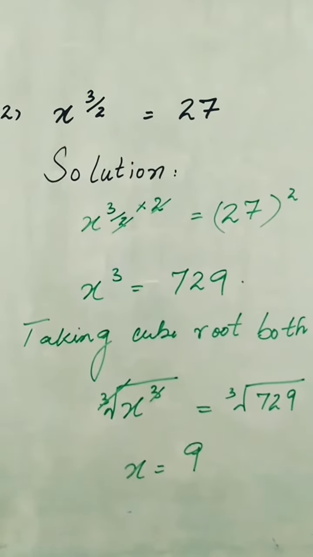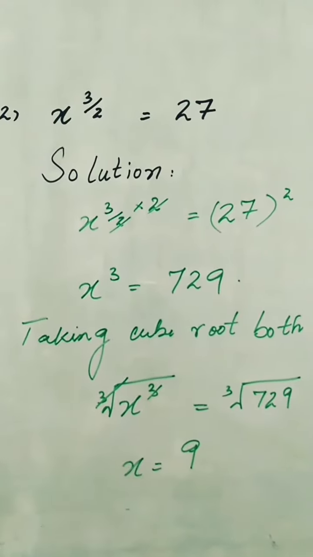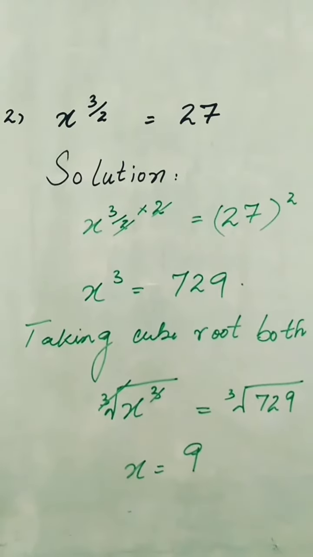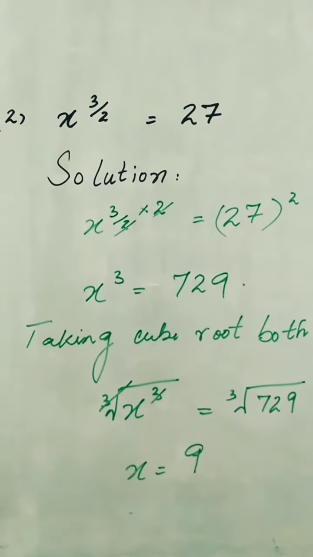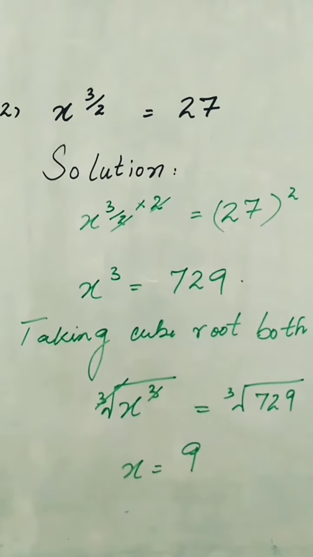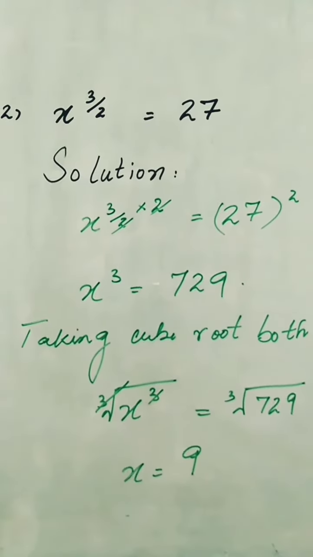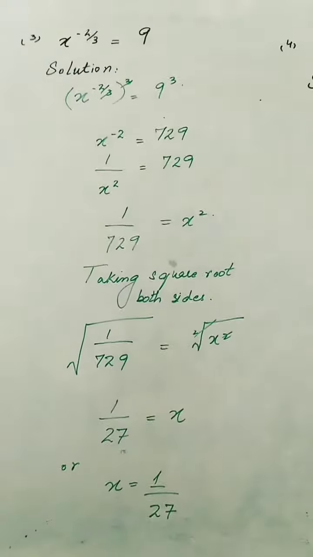Now we have x cube is equal to 729. In order to remove the cube from the x, we will take the cube root on both sides. By taking the cube root, x will come out as a single entity, and the cube root of 729 is 9. So our answer becomes x is 9.